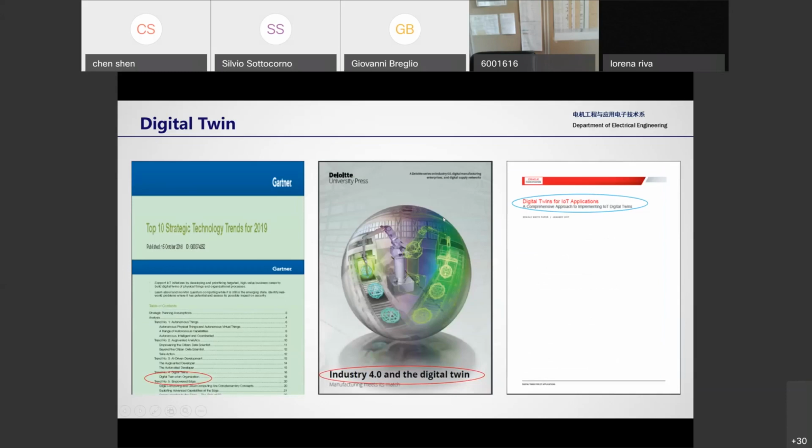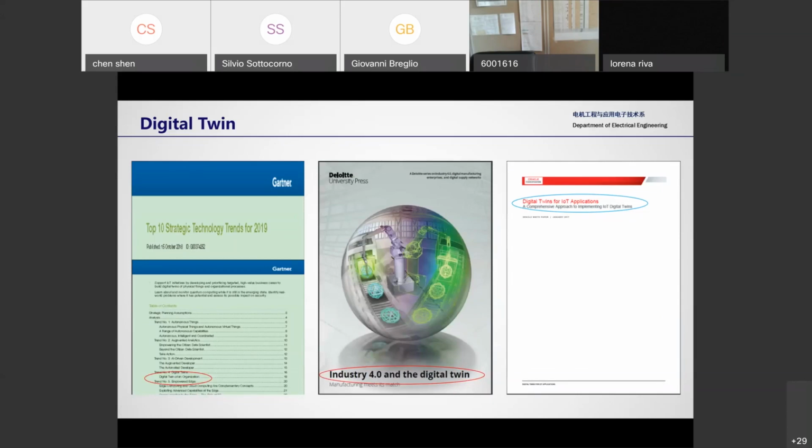Many famous international companies such as Gartner, Deloitte, and Oracle have published reports about the digital twin. For example, Gartner thinks that the digital twin is among the top 10 strategic technology trends for this year and last year, even the last 5 years.